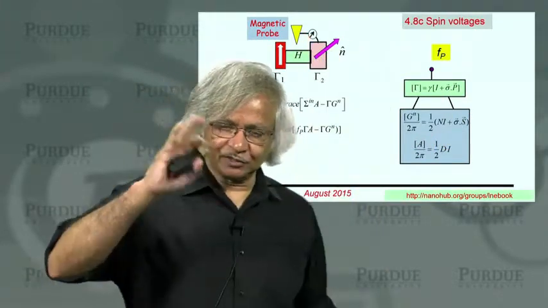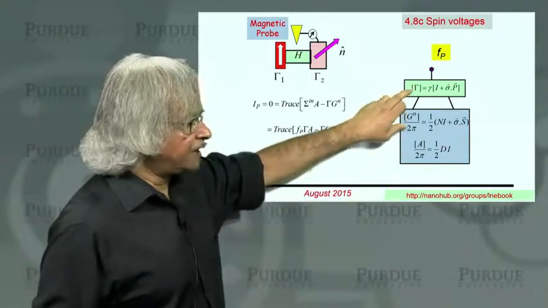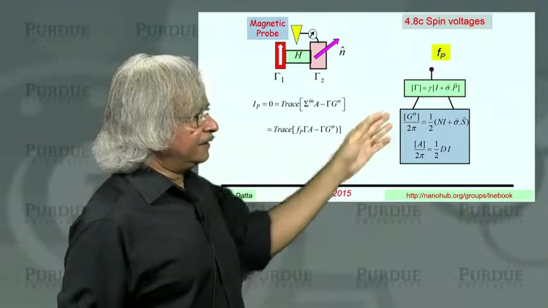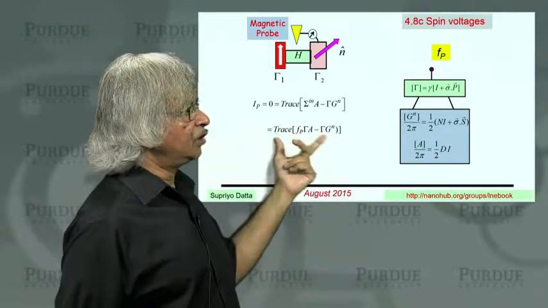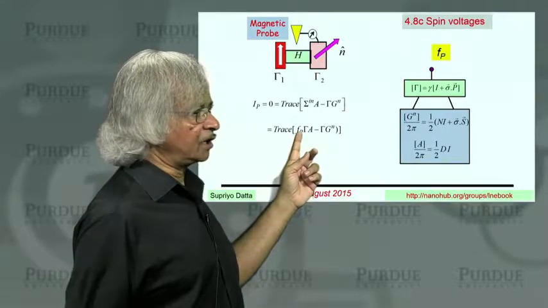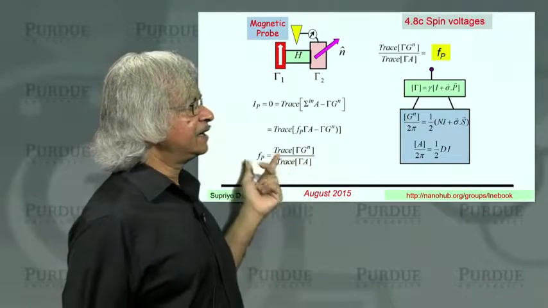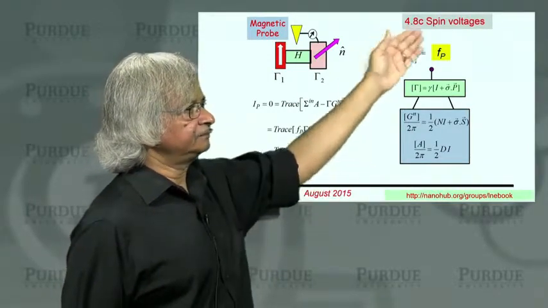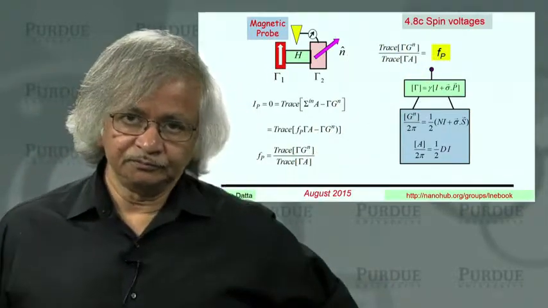That's this difference between this coupling to the up spins and down spins. So you could write the Gamma as this 2 by 2 matrix, and then the way you figure out Fp is it has to have the right value to make this current equal to 0. So this Fp is a number, it's not a matrix. So you could take this out and write Fp as trace of Gamma Gn divided by trace of Gamma A. So that would be the potential that the probe will float to.